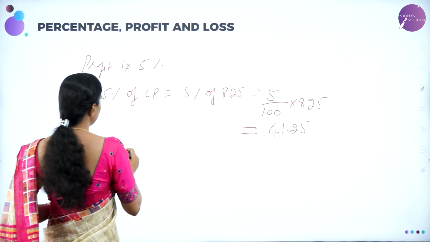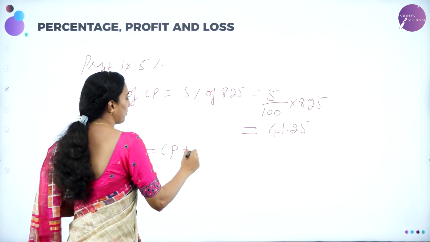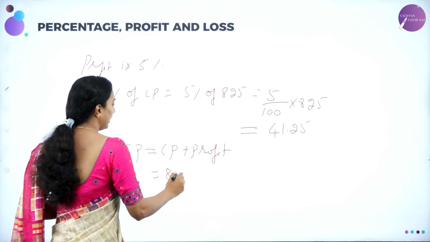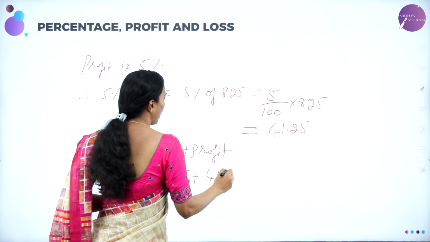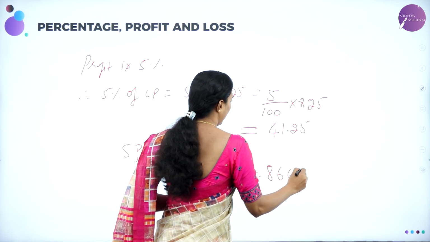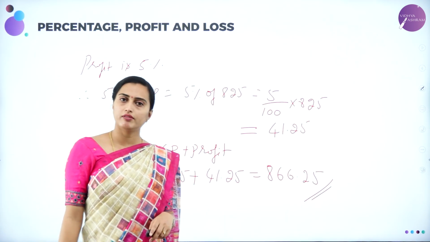They have asked you to calculate the selling price. We know that selling price is given by cost price plus profit. Correct? What is the cost price? Cost price you have is 825 plus profit you have 41.25, which is 866.25. That is the selling price you are going to have.